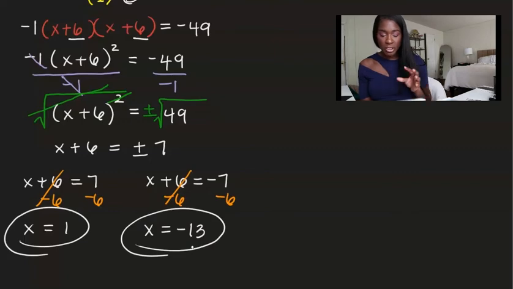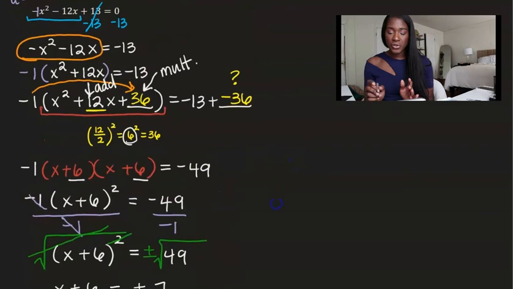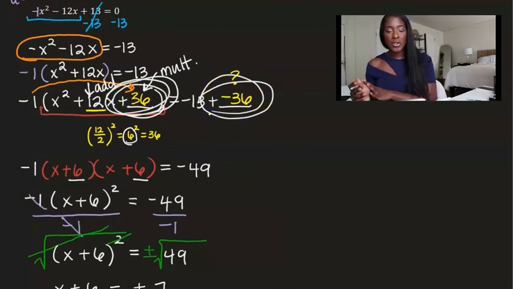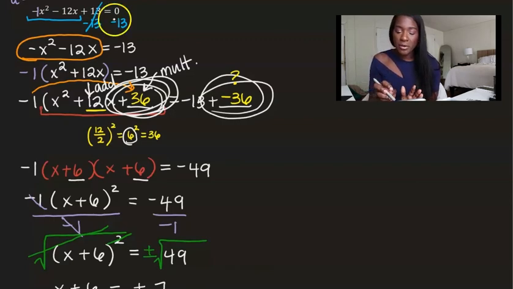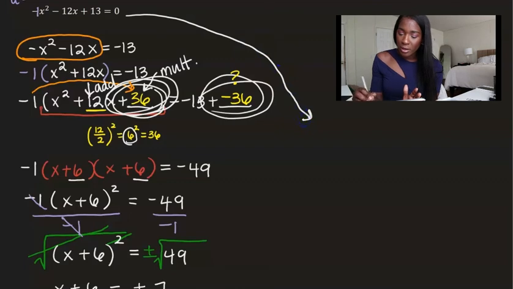I also want to mention before I wrap this video up that you could avoid this whole tricky situation here, what we were talking about with what number do you add on the other side of the equation. It only gets real tricky if a is not a positive 1. That's when it gets tricky. And so from the original equation, I'll show you down here, we had negative x squared minus 12x plus 13 is equal to 0.